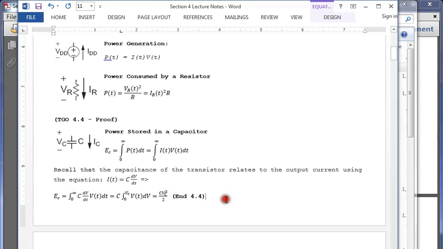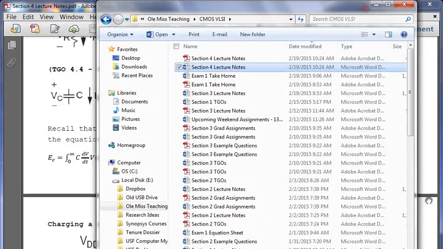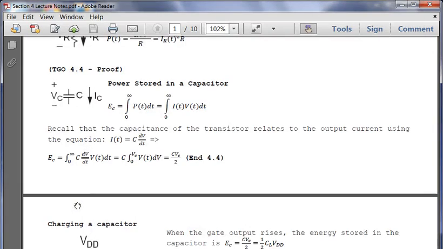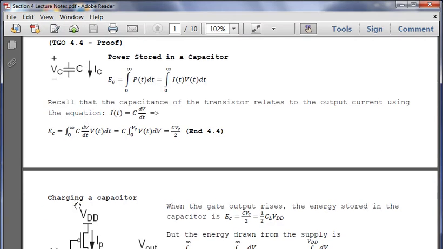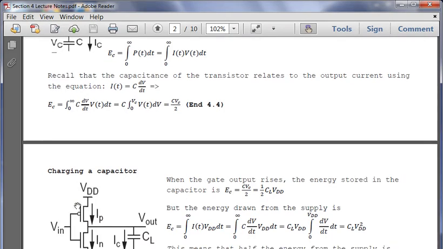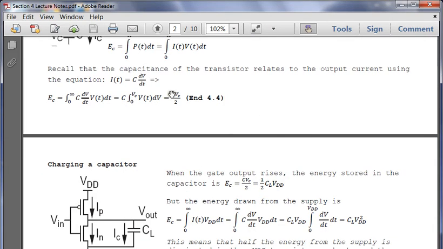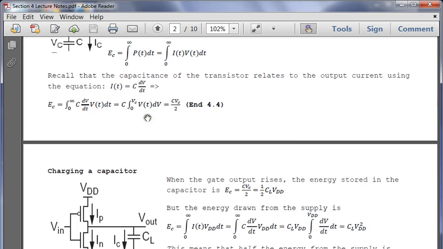Again, this should be 1/2 C_L V_DD squared here. So that's the proof. By taking the integral of V(t) dV from 0 to V_DD, you get 1/2 C_L V_DD squared.